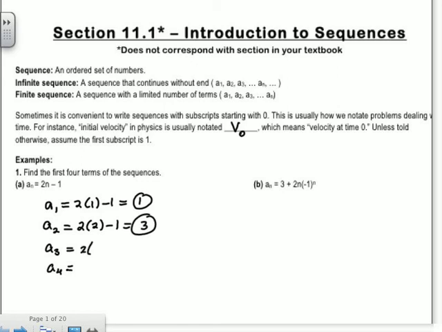The third term, 2 times 3 minus 1, so 6 minus 1, which is 5. And the last one, 2 times 4 minus 1, 8 minus 1 is 7. So that's just the odd numbers, 1, 3, 5, 7. Okay, the next one's a little bit harder, so how about you guys try part B, see if you can get it.